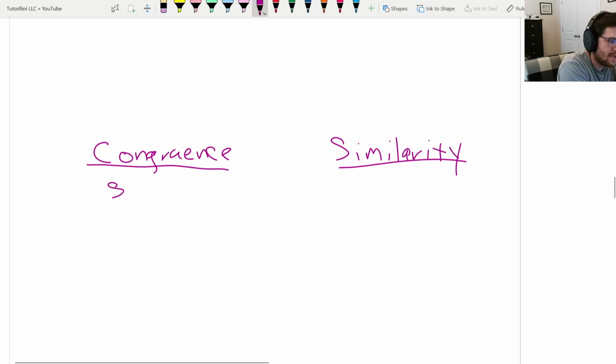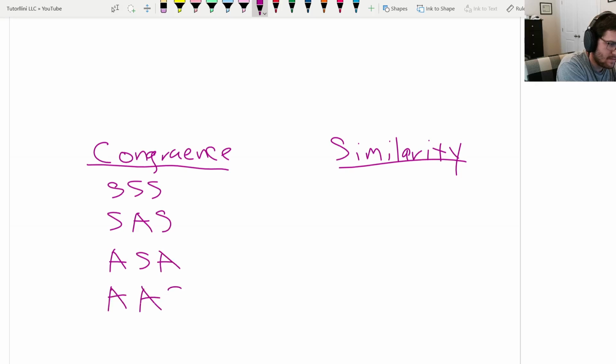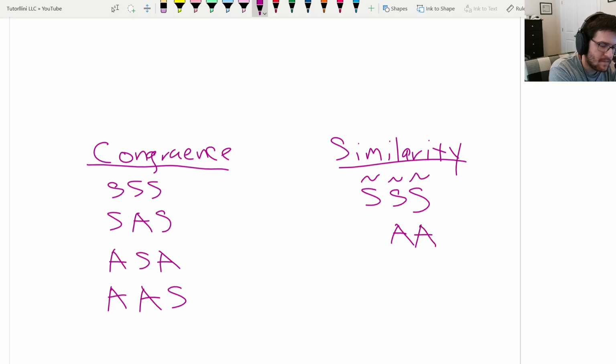So for congruence, we've got to know SSS, SAS, ASA, and AAS. And for similarity, we have to know SSS similarity, AA, angle-angle, and SAS similarity.